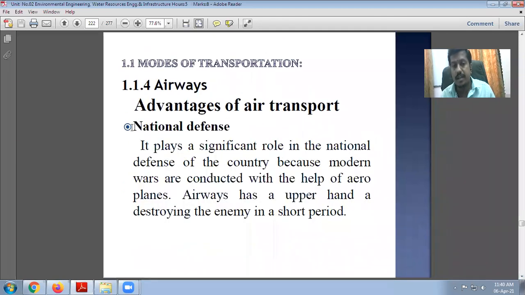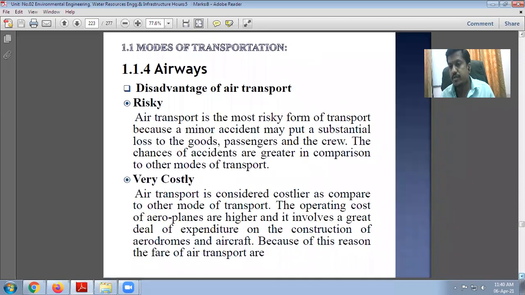It is again playing an important role in the national defense because it is the fastest mode of transportation. So if you want to carry some equipments, war equipments, in a short time, you can go with the airways. What are the disadvantages of these airways? Risky, because if accidents happen, these accidents are not of a smaller extent.